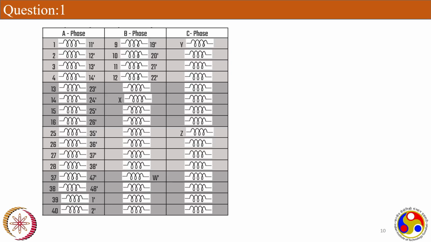What is the slot pitch? What are the phases? What are the slots? How many slots per pole per phase are there? What is beta? What are the starting coil numbers? What are the missing X, Y, Z, W? You can easily solve everything in 5 to 10 minutes. So everyone take your pen and paper and solve it with me.